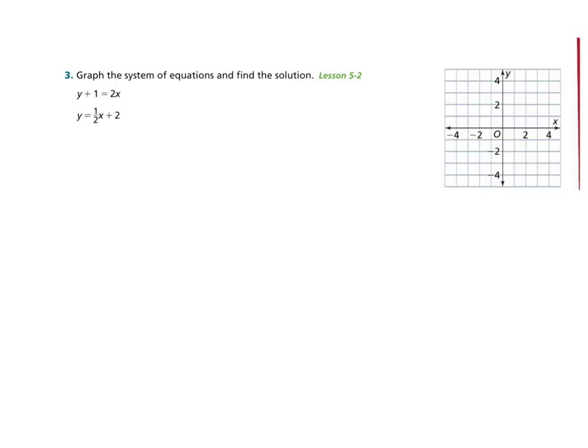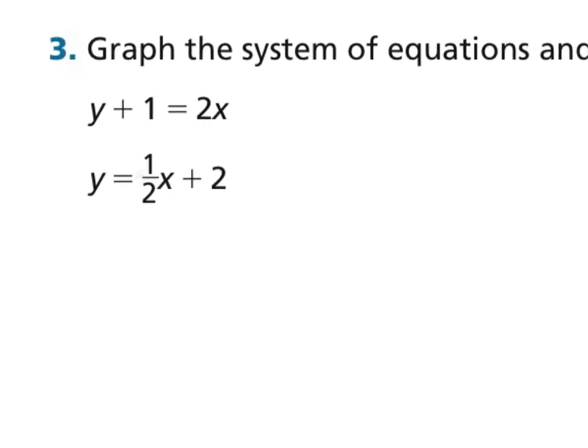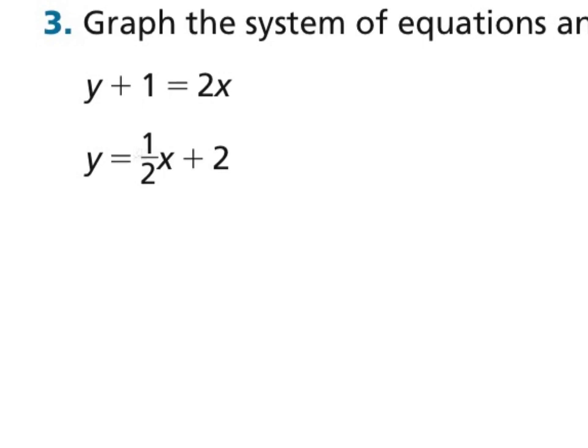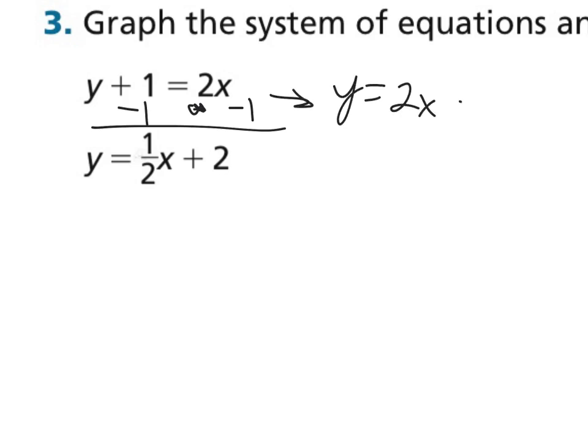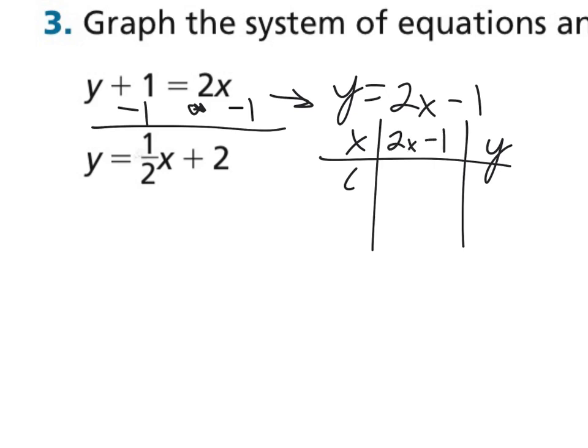Number 3, they want us to graph the system of equations and find the solution. So the first equation is not solved for y, so we probably would want to subtract 1 on both sides. And then since there's no fractions, we could just put 0, 1, and 2 in place of x.